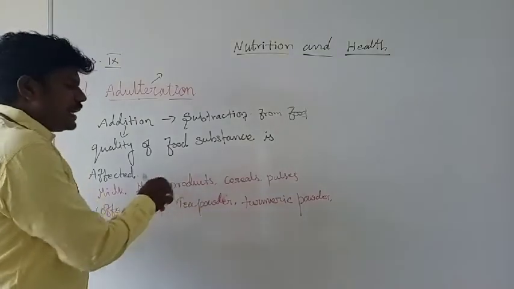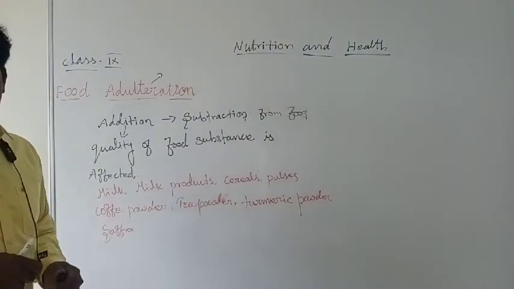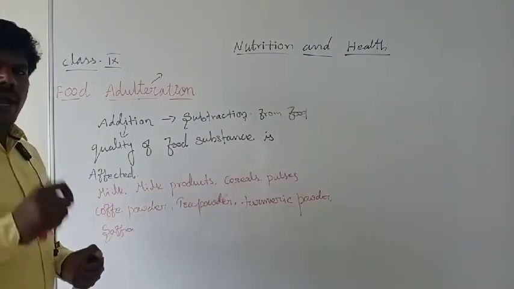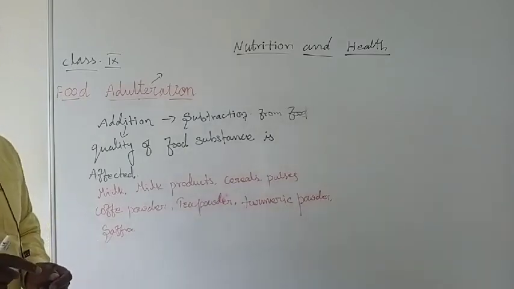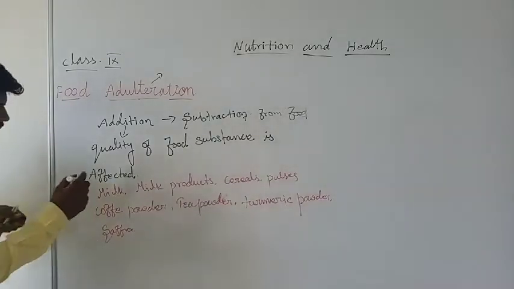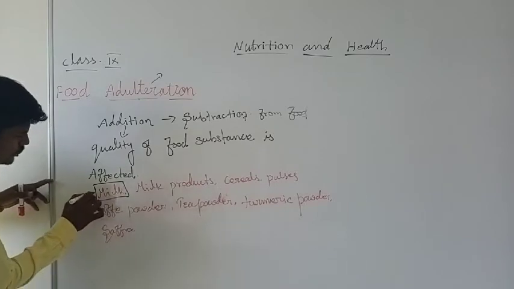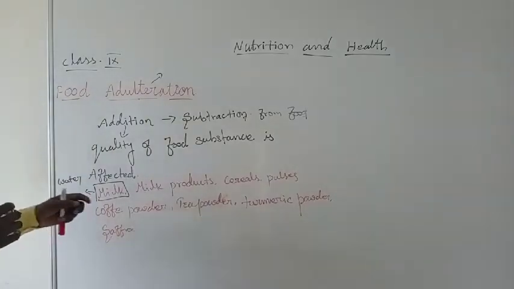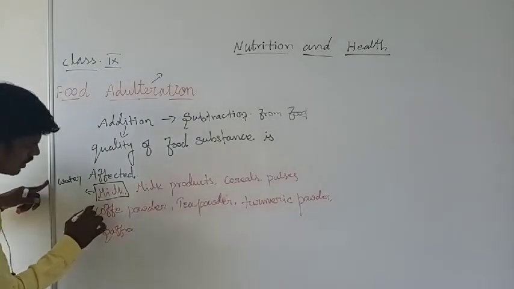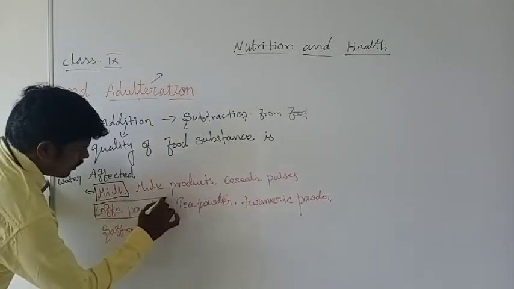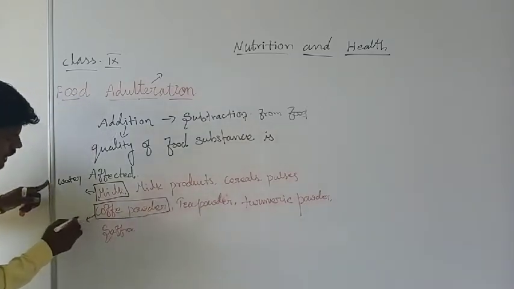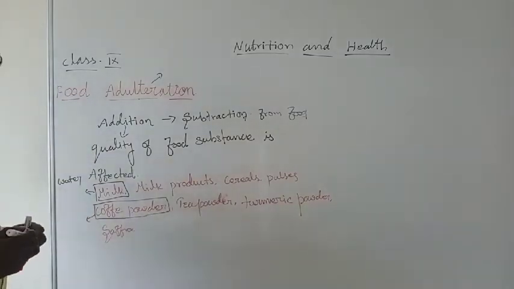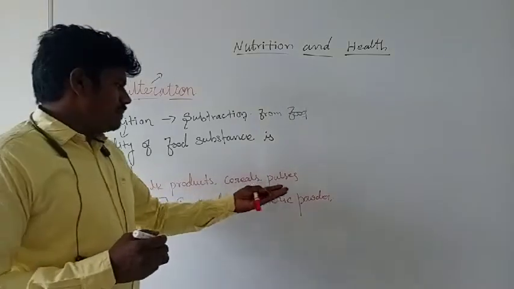If you add an adulterant to these, that is called adulteration. For example, in milk you add some amount of water. In coffee powder, they add other powders. And then cereals and pulses.